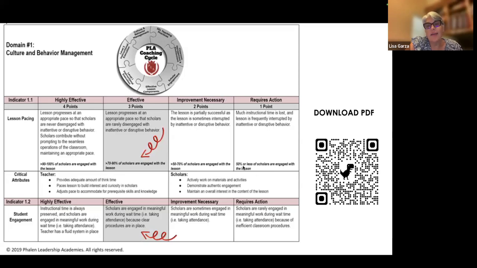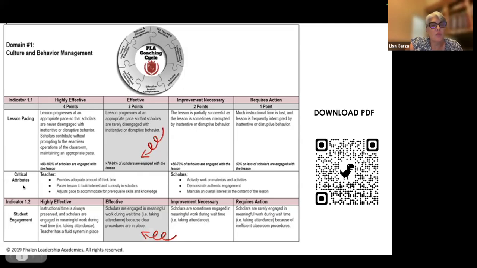And if you only have 50% or less of your scholars engaged in the lesson, you will be rated requires action. So it's really important that you're working towards the effective domain. The effective rating. And so that means 70 to 90% of your scholars are engaged in the lesson.